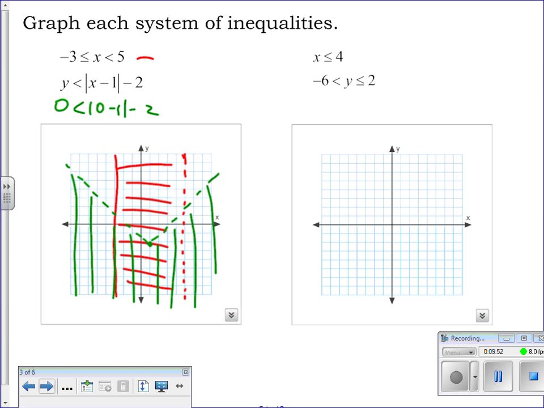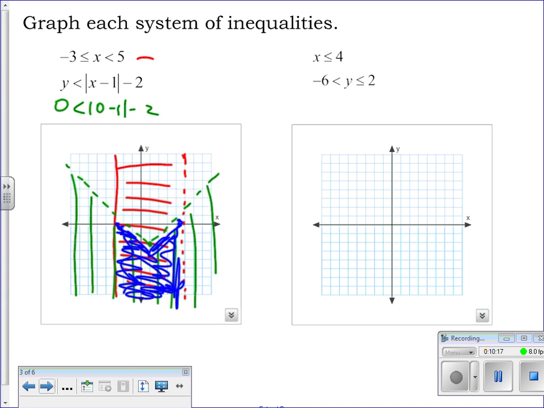And where do the two overlap? This little wedge-shaped thing here. Okay? Does that make sense? It's just you do one, do the other, where do they overlap? Do one, do the other, where do they overlap?